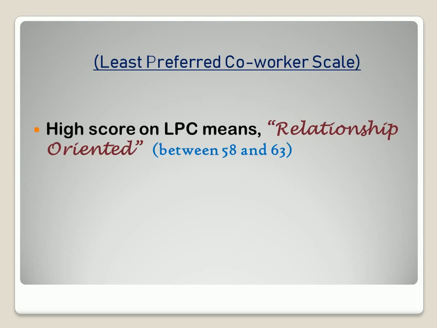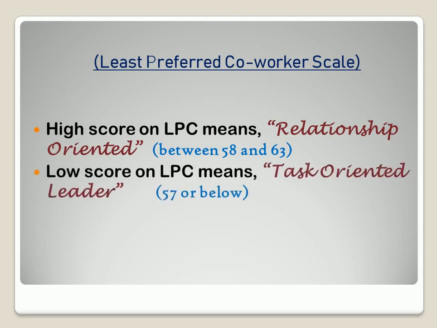If your total score is high on the LPC, it means the leader is likely a relationship oriented leader. That is, if your score falls between 58 and 63, and if your total score is low, if the leader, as per your data, scores low on the LPC, it means the leader is more likely a task oriented leader.